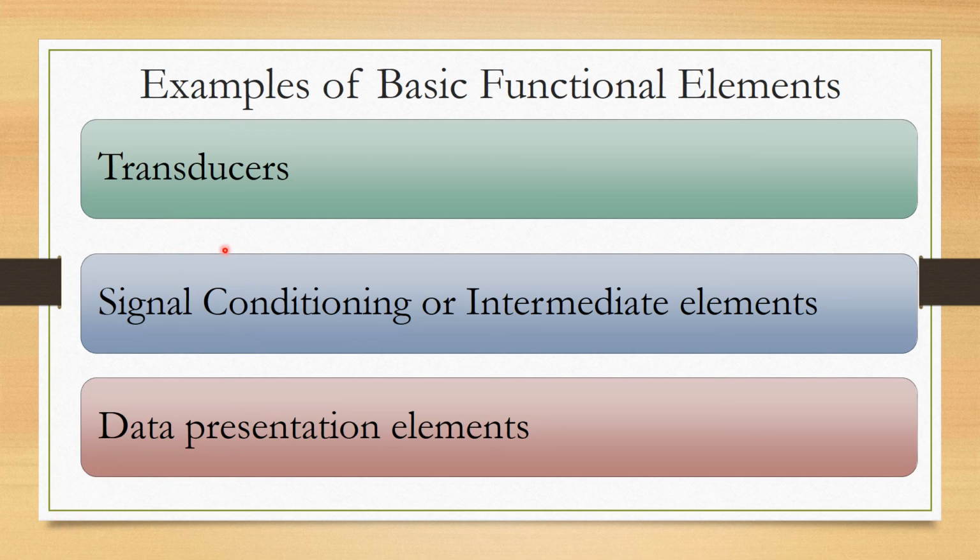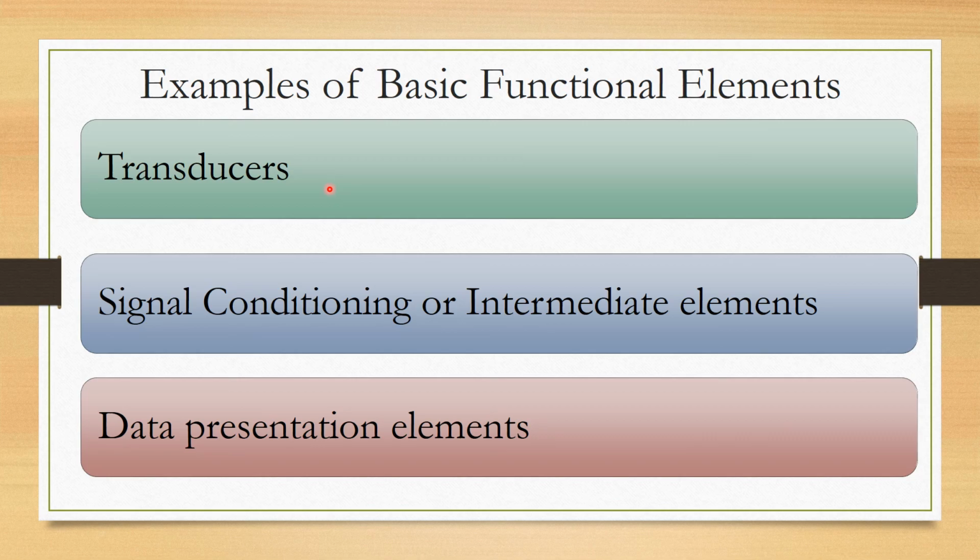First one is the transducers. In every measurement system or in every instrument you will find transducers. The function of a transducer is to sense the input signal in one physical form and convert it into some other physical quantity which is more convenient to measure. For example, you can consider the case of a thermometer.